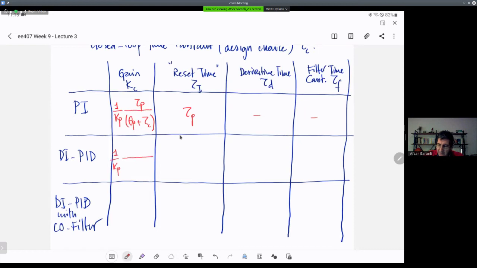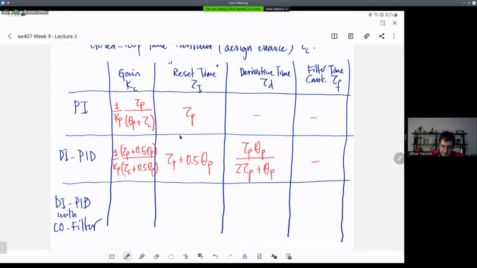Over here we have tau P plus 0.5 theta P over tau C plus 0.5 theta P in the denominator. And also the integral time constant is tau P plus 0.5 theta P, and the derivative time constant is given by tau P theta P over 2 tau P plus theta P.